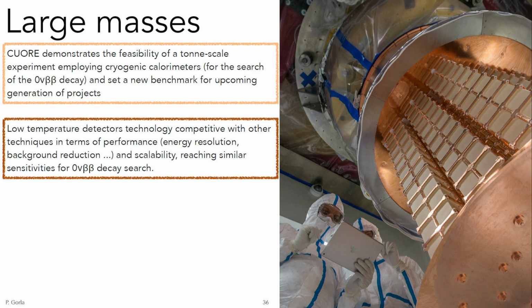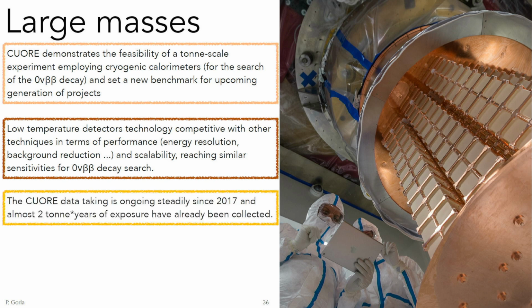For this kind of research, so neutrinoless double beta decay, low temperature detectors proved to be really competitive with the best actors in the field in terms of performance, scalability, and sensitivities. And also, Cuore proved that you can run such a complex object in reasonably steady conditions for a long time.